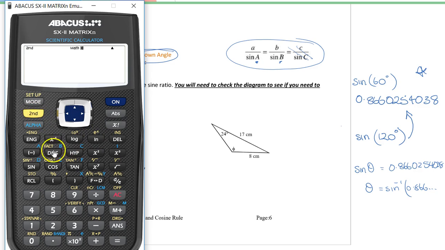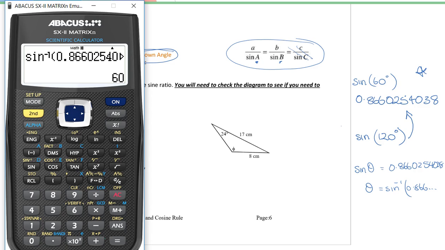Second function, sine inverse, 0.866, close the bracket, equals, and it's saying 60.